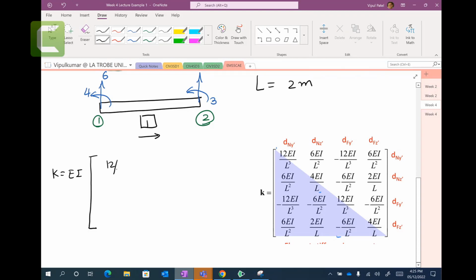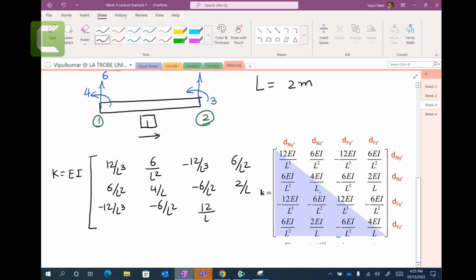So I can write 12 on L cubed, 6 on L square, minus 12 on L cubed, 6 on L square, 6 on L square, 4 on L, minus 6 on L square, 2 on L, minus 12 on L cubed, minus 6 on L square, 12 on L cubed, minus 6 on L square, 6 on L square, 2 on L, minus 6 on L square, 4 on L.